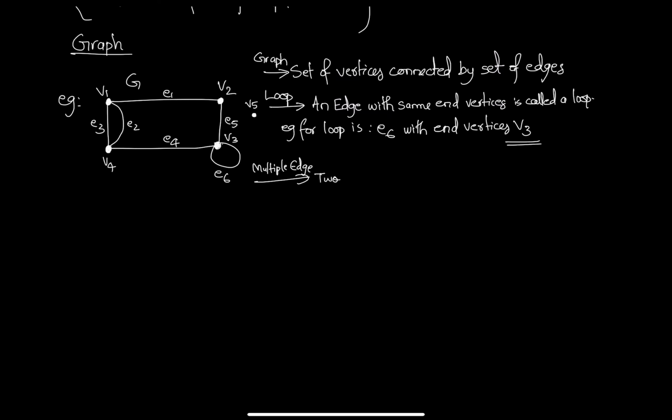So a multiple edge is two edges with the same end vertices.